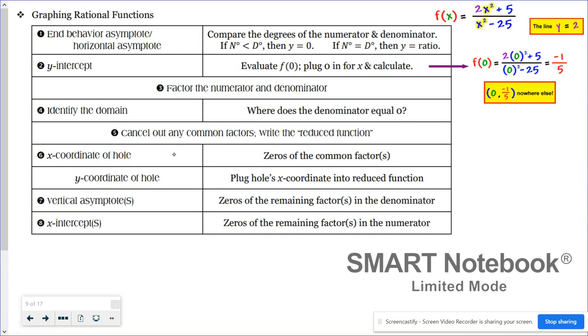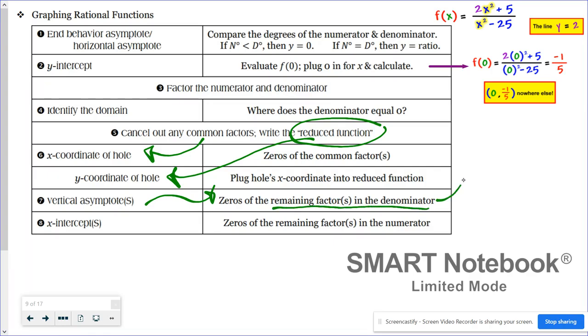If you have any common factors, that indicates there's a hole in the graph. Plug the x-coordinate into the reduced function to get the y-coordinate of the hole. Look at the reduced function when it comes to vertical asymptotes and x-intercepts, because the vertical asymptotes are going to be the zeros of the remaining factors in the denominator.